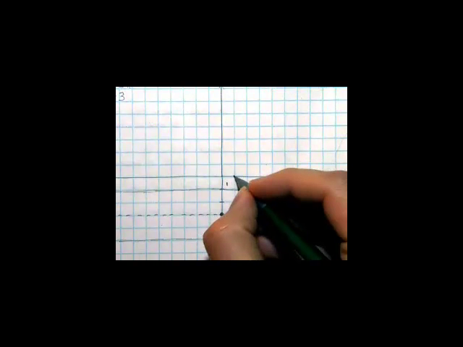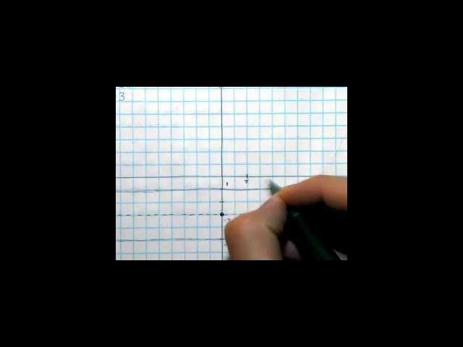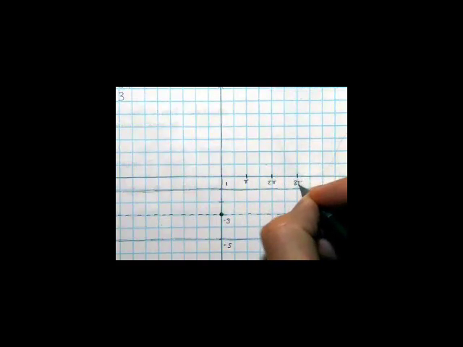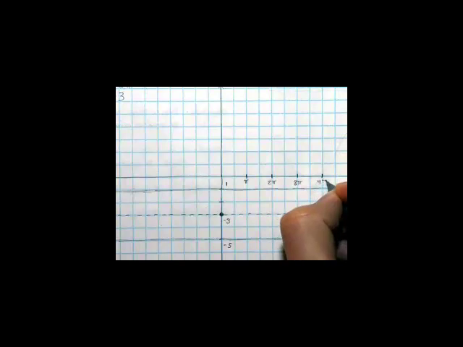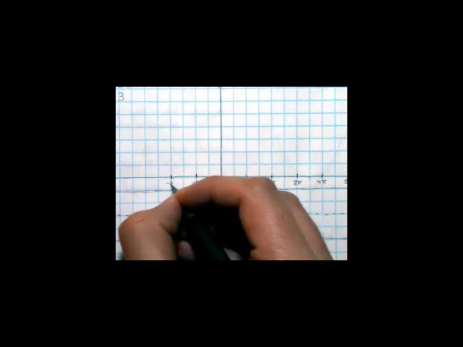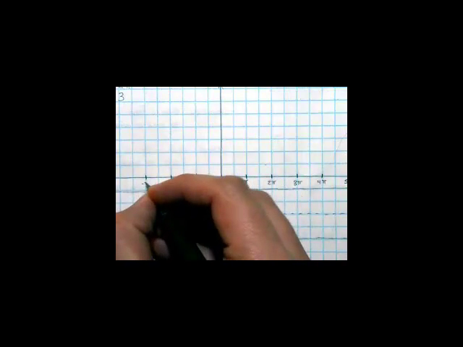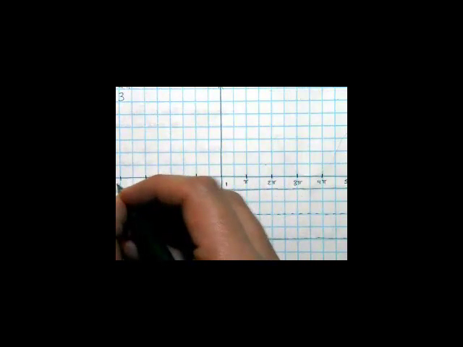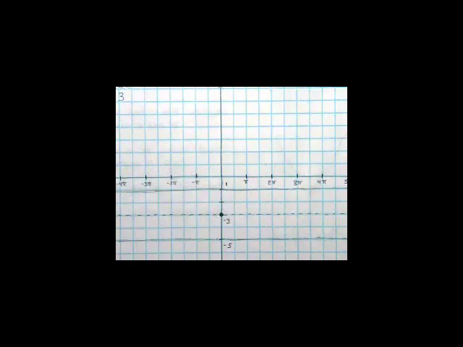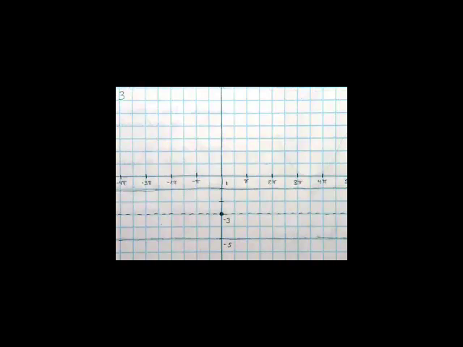So, half pi, so here's pi, 2 pi, 3 pi, 4 pi. I'm getting up to 5 on mine. So, yeah, that should give us plenty of room to do what we need to do.